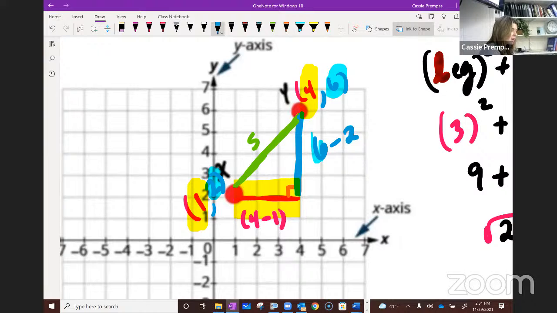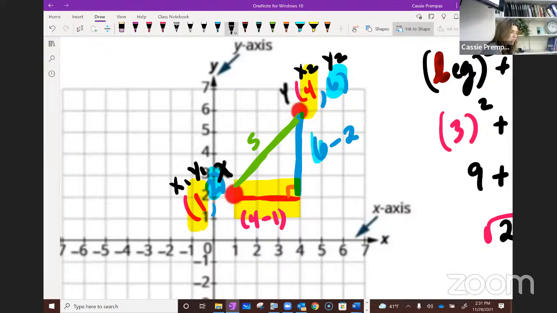Okay, what if I said I want to use this process to identify the distance between any points, x and y? What I'd like you to do is just call this point x, call that your first point, your x1, y1. And call this your second point, your x2, y2.